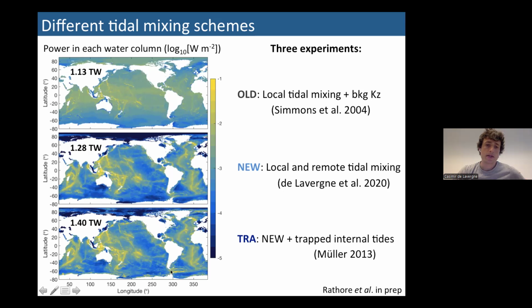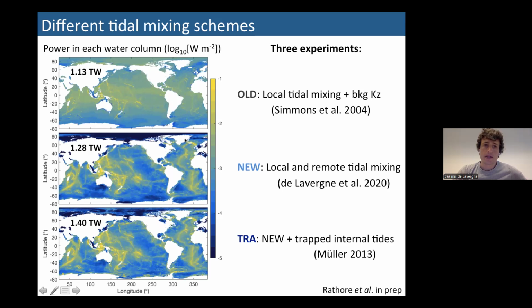And you might see here that it increases a lot the mixing in the Southern Ocean, and also in the northern high latitudes compared to the standard. And it seems to improve the simulations overall. It removes a bunch of biases, so it seems to go in the right direction.